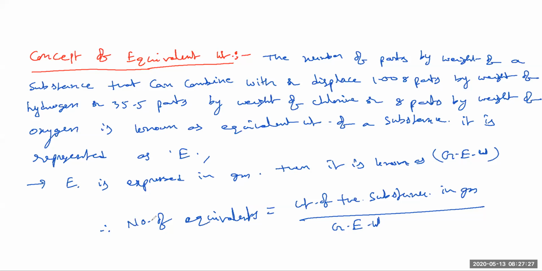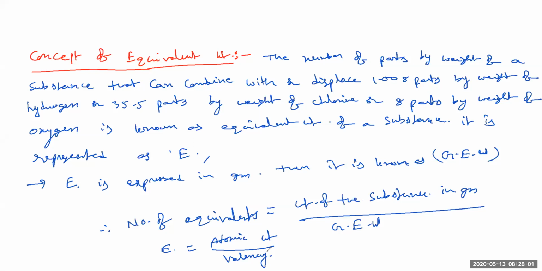The equivalent weight formula: equivalent weight is equal to atomic weight by valency. Valency is nothing but the n factor.